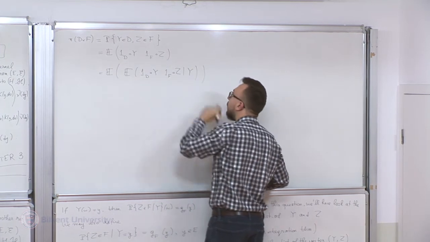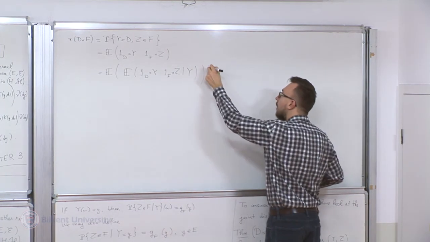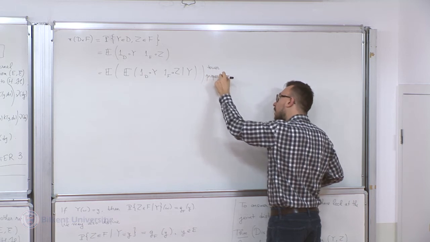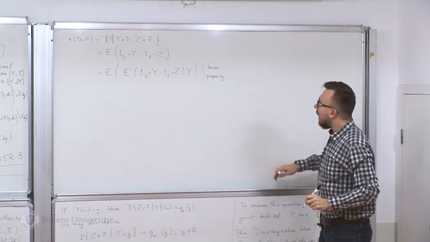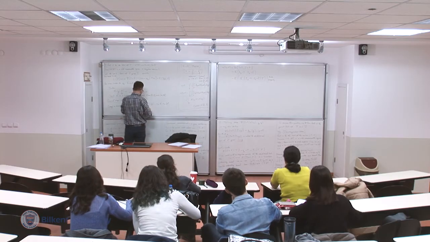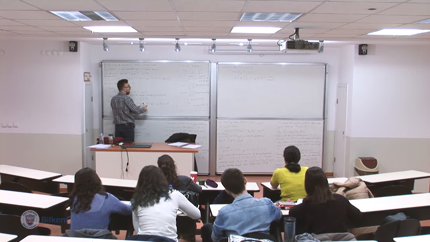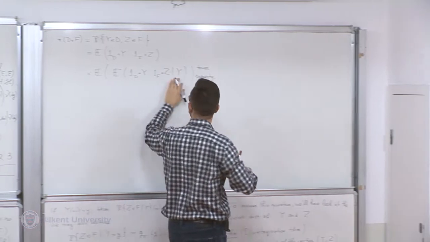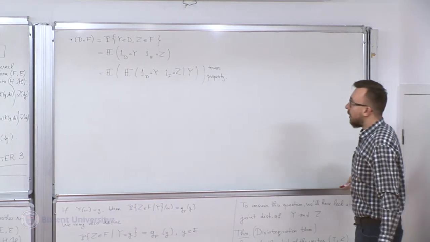There is no problem with that, just the tower property. Why do I do that? Well, because we want to have the distribution of y and the conditional distribution of z given y. So we need to pass to the conditional distribution somehow, and this is how we're going to do that.